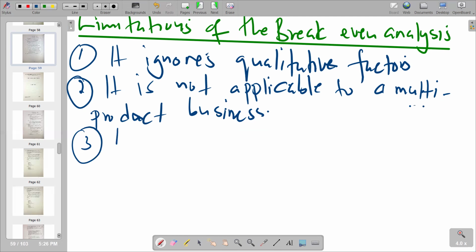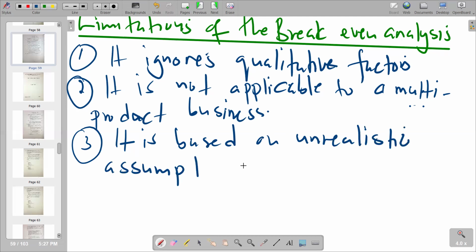It is also based on unrealistic assumptions. The unrealistic assumptions that we are talking about, we're giving an example of output produced. It is assumed that all output is sold.